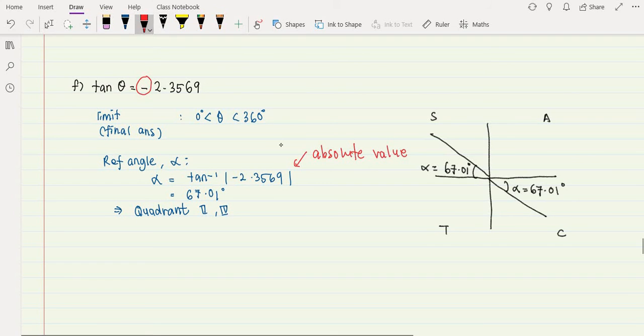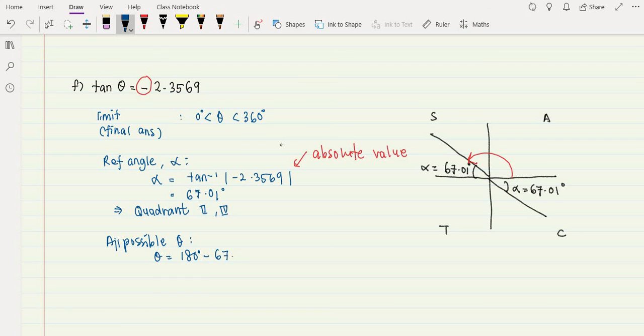Now we go to our final step, which is to list all our possible theta. Theta is equal to 180 degrees minus 67.01 degrees. That is the one in the second quadrant. Then for the fourth quadrant, we still go in the anti-clockwise direction, and we have 360 degrees minus 67.01 degrees.